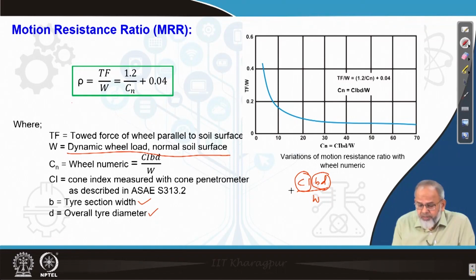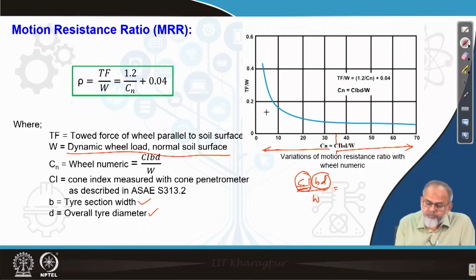So, when the soil is soft, what happens? Strength of soil is less, so the wheel will try to sink. So resistance will increase. CIBD by W will reduce because CI is less in soft soil. So if you take the center point here, it will move towards this side as the strength of soil is reduced. If the strength of soil is increased, it will move towards the right side. The strength of soil is reflected by the cone index. So if soft soil, we will get more rolling resistance.